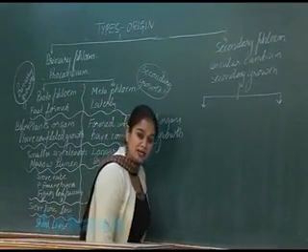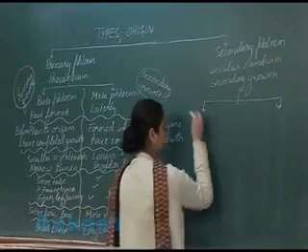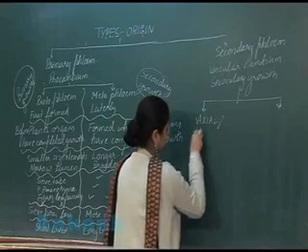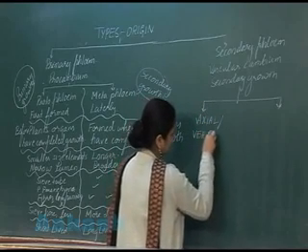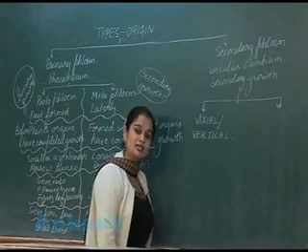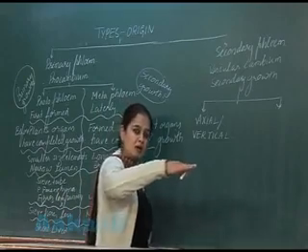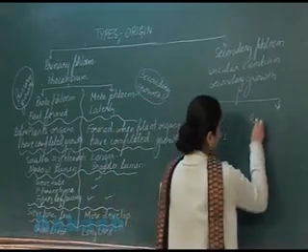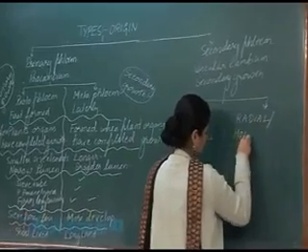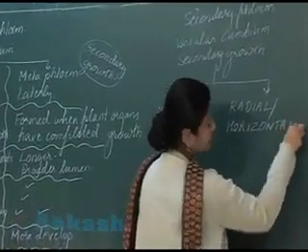All the components of the phloem which are present in the plant vertically form the axial or vertical system. All the components of the phloem which are present in the plant horizontally form the radial or horizontal system.